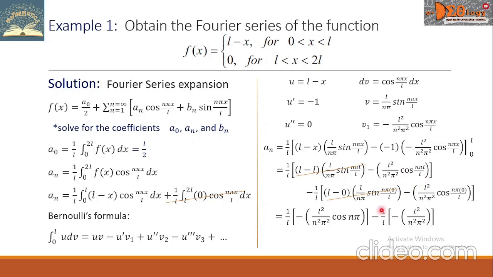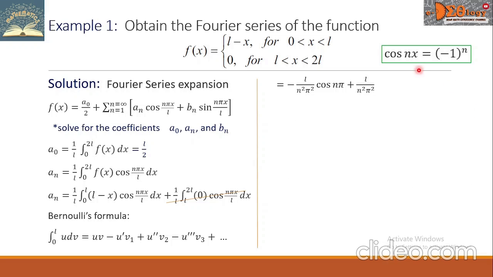So let us copy the remaining terms down here. We can simplify further by cancelling this L in the denominator and the L squared in the numerator here, respectively. So the resulting equation is now negative of L over n squared pi squared times cosine n pi plus L over n squared pi squared.